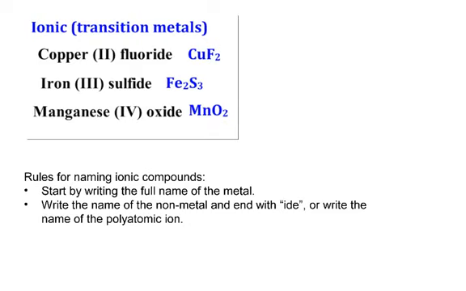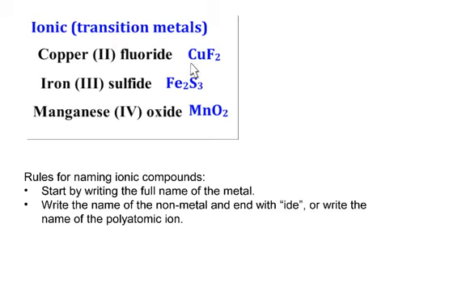Can you figure out what that number is? Think about it for a minute. Let's see if you can figure it out. That number is actually the charge of the metal. Transition metals are called transition metals because they transition in their charges.